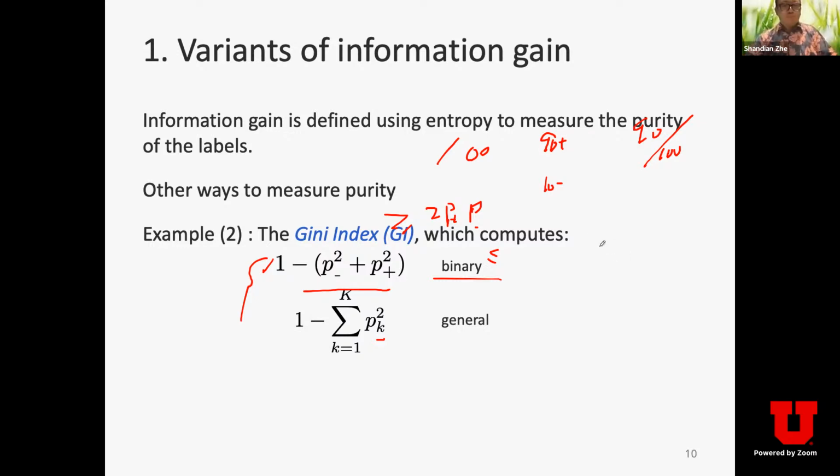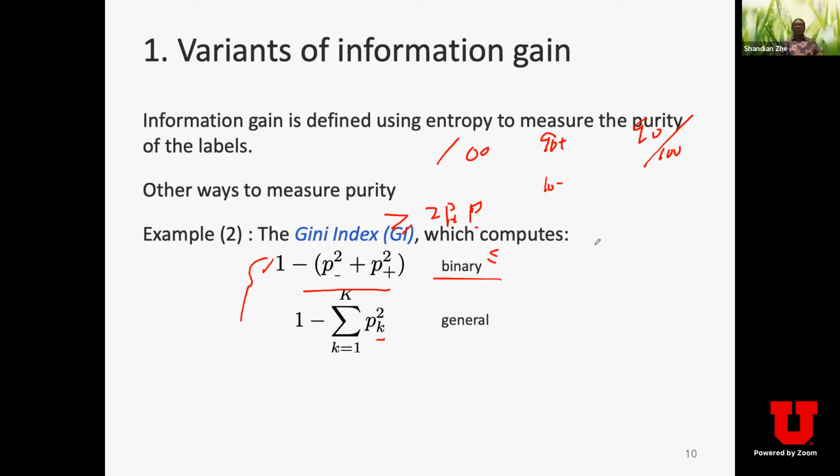And when p plus and p minus are equal, both 0.5, we reach the maximum of the Gini index. But in this case, the label purity is the worst, right? It is the maximum mixed labels.